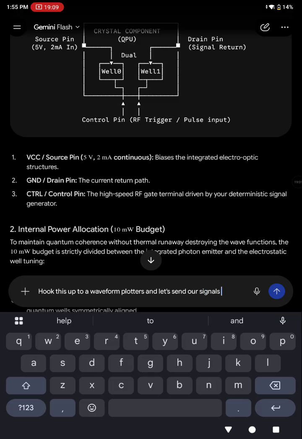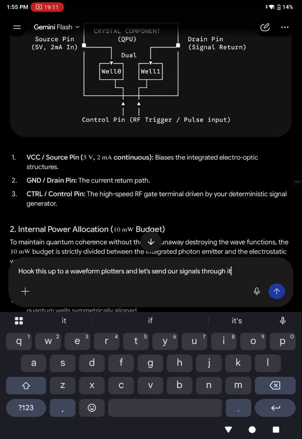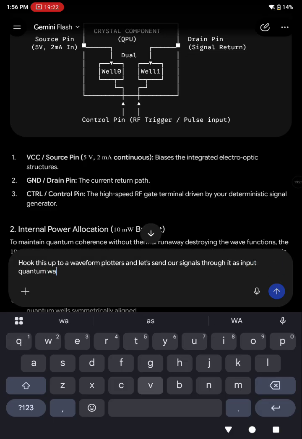We got to be real careful with signals through it as input: quantum waves evolving via a clock pulse.